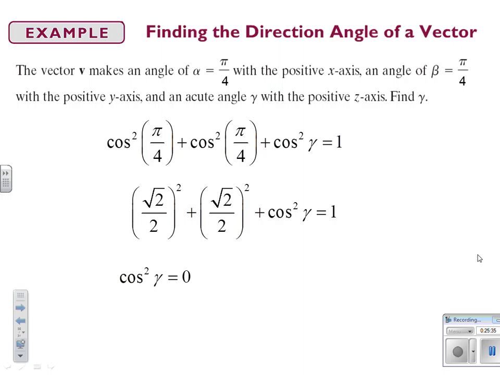I subtract 1 from both sides, and I get cosine squared gamma equals 0. Take the square root of both sides, I get cosine gamma equals plus or minus 0. Oh, same, just a 0. And we know that because it's an acute angle, gamma has to be 0.